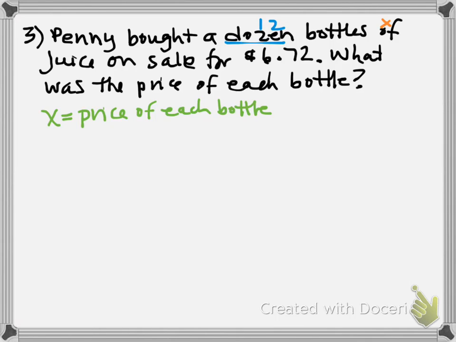Right here, that you're going to get a total of. So our equation would be 12 bottles, each costing X, equals $6.72. And then we would just divide this to come up with the answer.